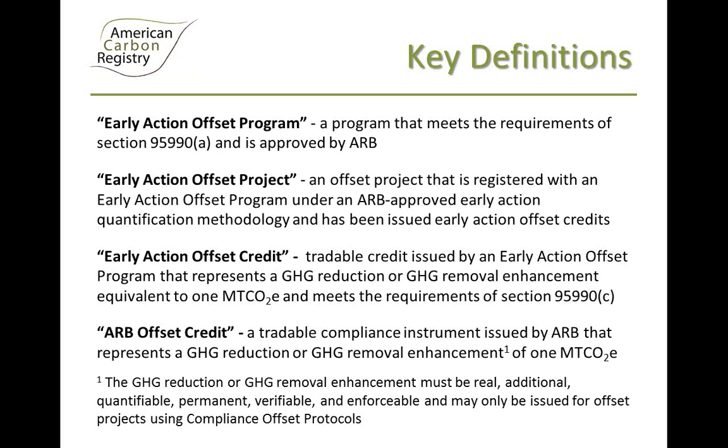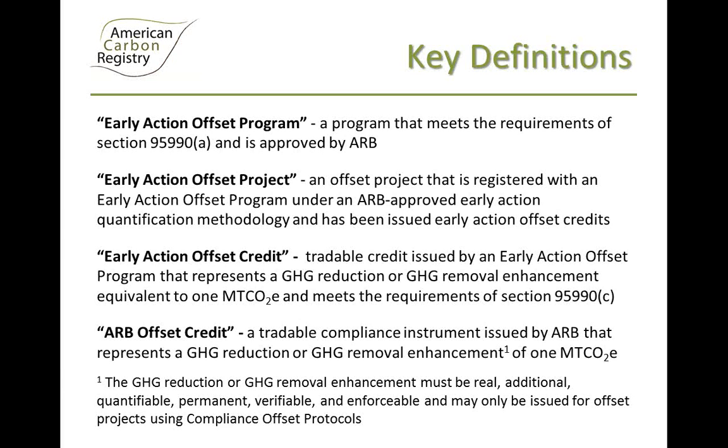So an early action offset project is an offset project that is registered with an early action offset program using an approved early action offset quantification methodology and ultimately is issued early action offset credits.